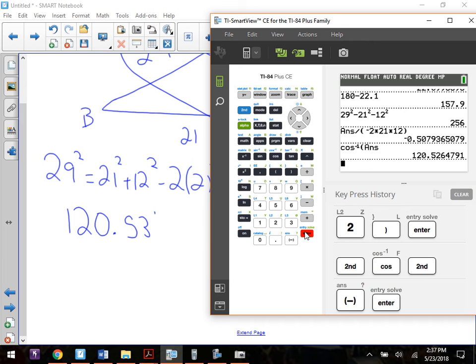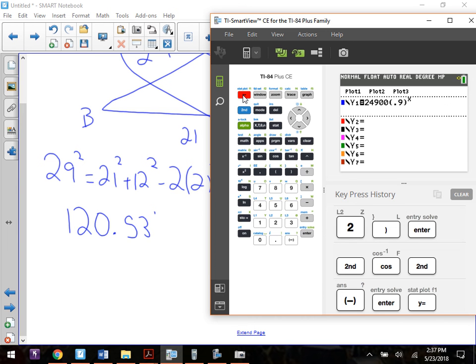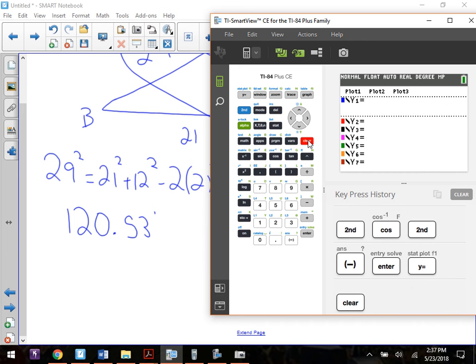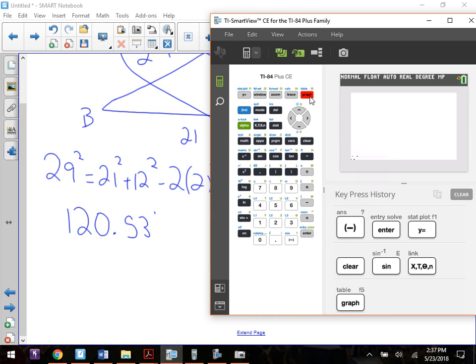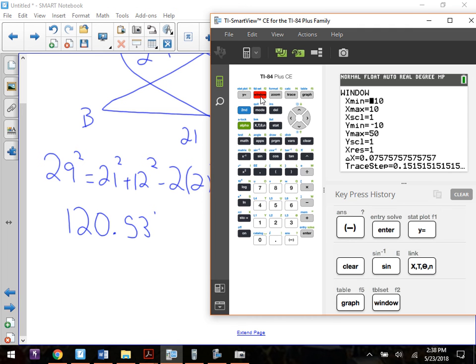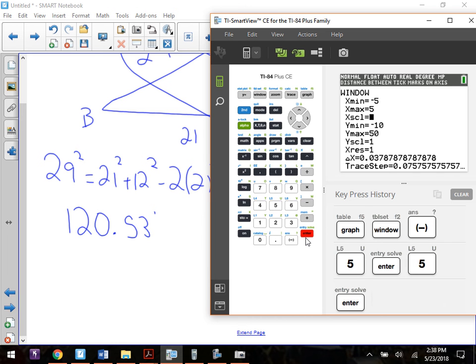Yeah, the only time that you want to switch into radians is if you're graphing. Because if I graph in degrees, it looks weird. So make sure you're in radians, because we always graph in terms of radians.